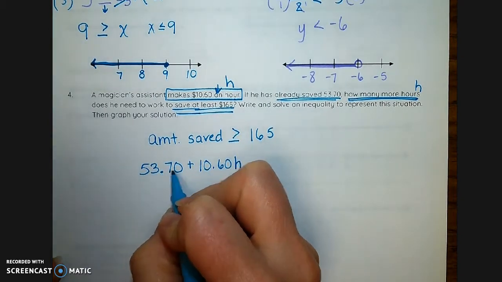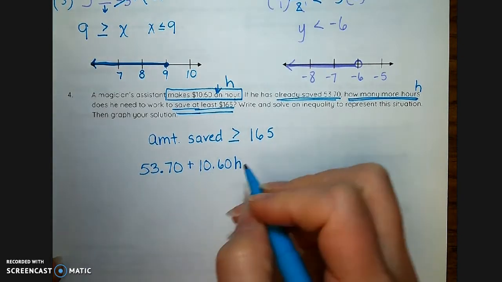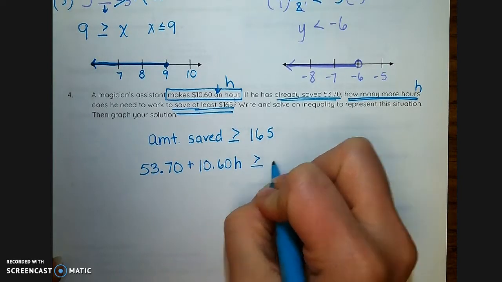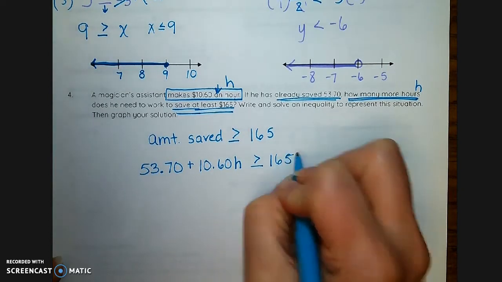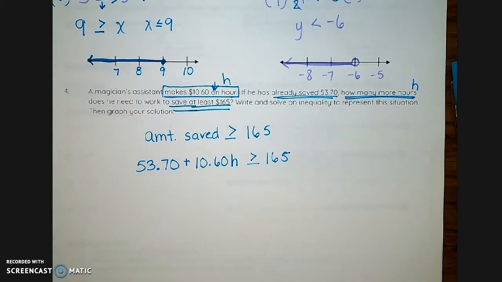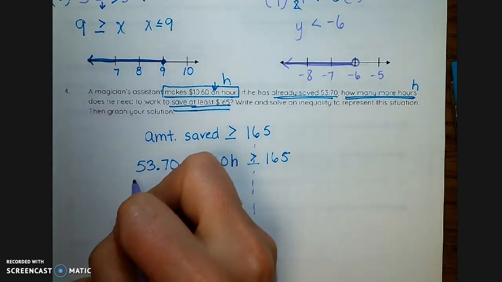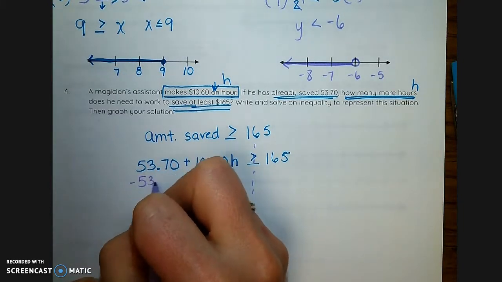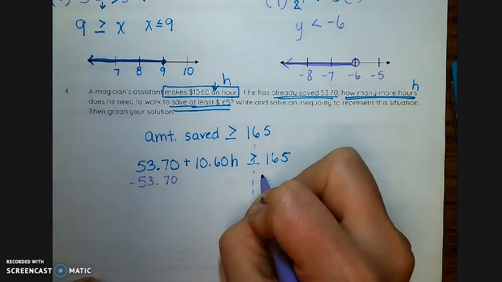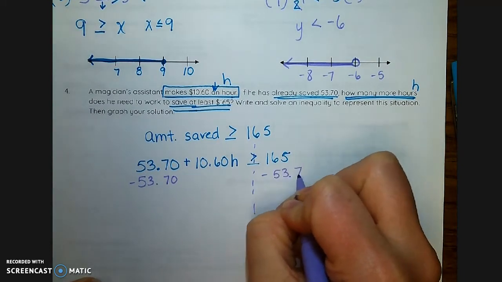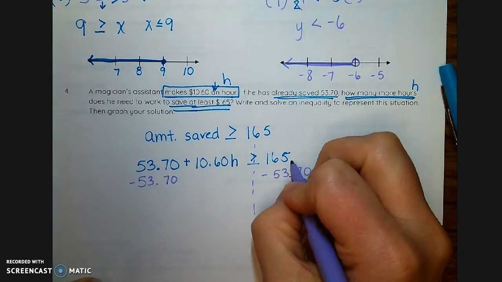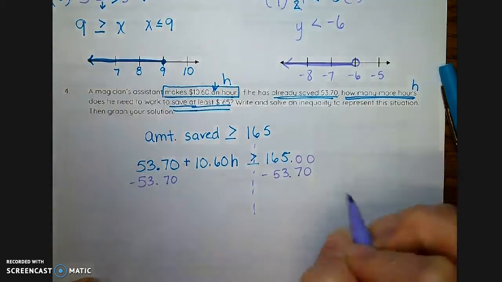Well, if I've saved this and I'm going to save some more, I'm going to add those together to find my total saved. My coefficient is positive, so I'm not going to have to worry about flipping that sign. I am going to need to worry about lining up my decimals.